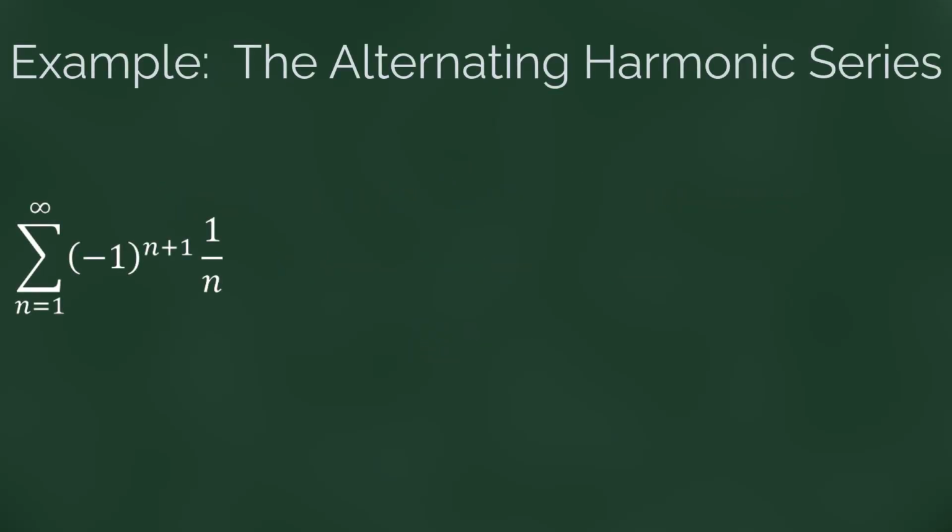Let's return to our initial example, the alternating harmonic series, and put it to the alternating series test. If we look at each of the terms, they are of the form 1 over n. We know that n plus 1 is bigger than n for any integer n, which then tells us that 1 over n plus 1 is smaller than 1 over n.